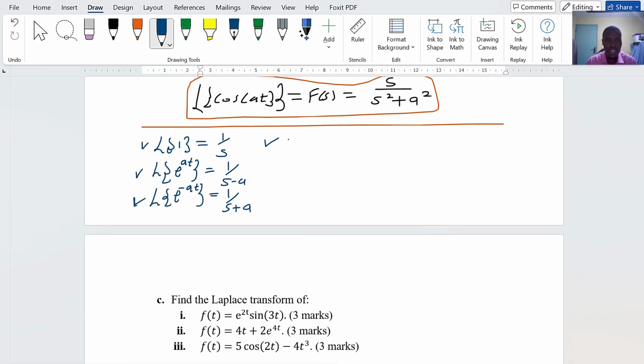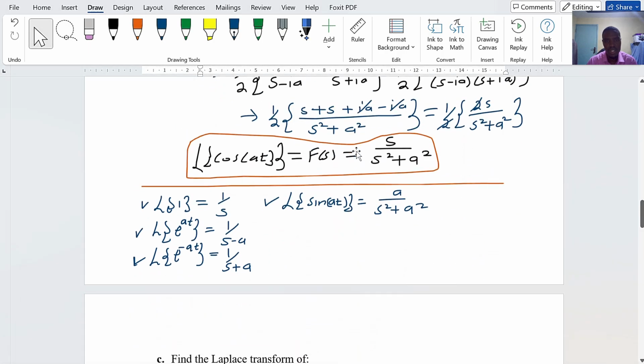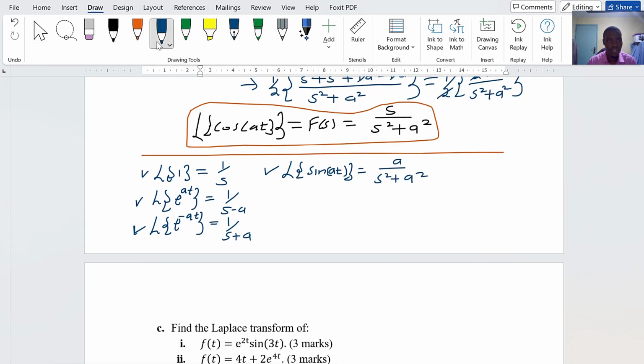And Laplace transform of sine at, we have already derived that, is a over s squared plus a squared. And the Laplace transform of cos at, we have already derived that, is s over s squared plus a squared.